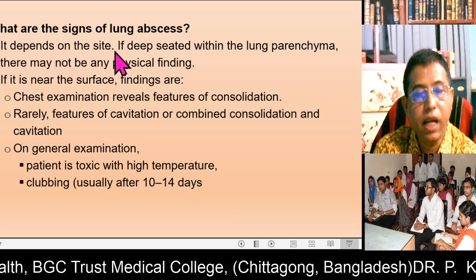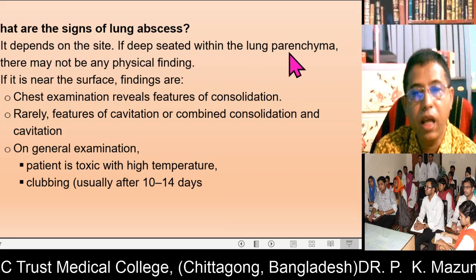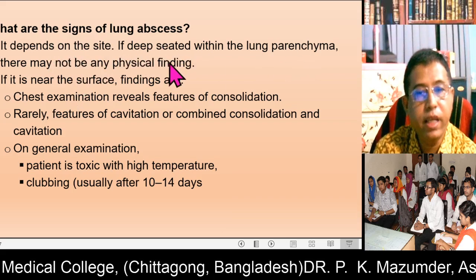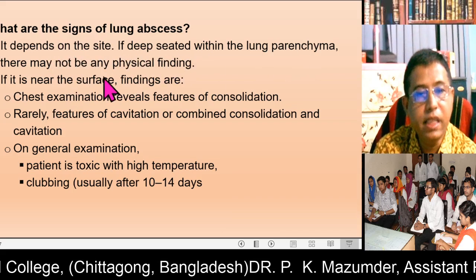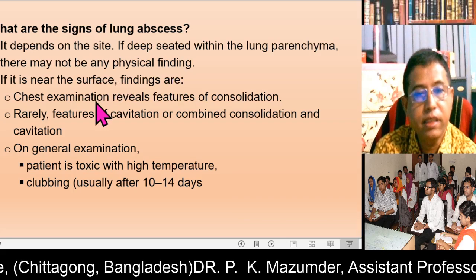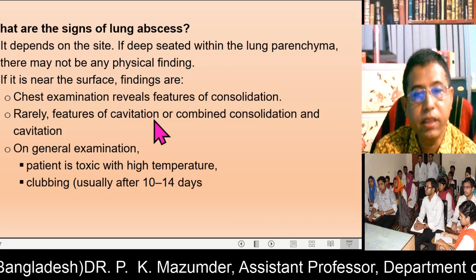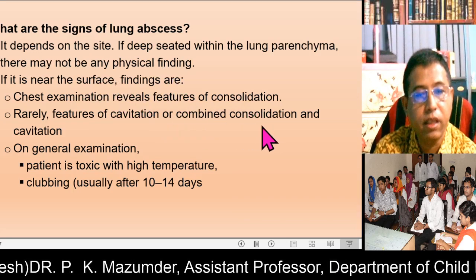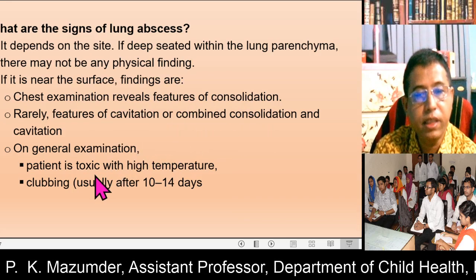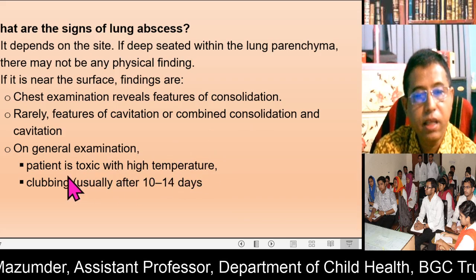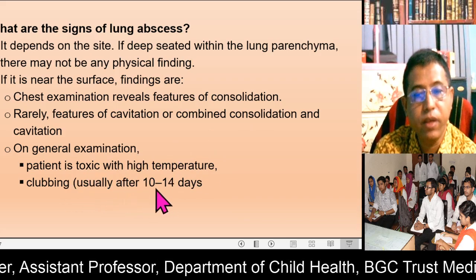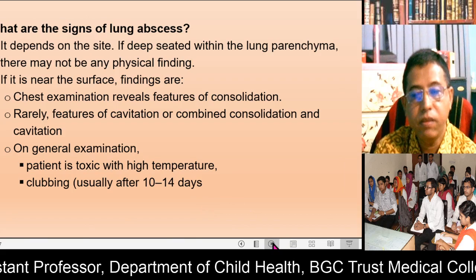It depends on the site. If deep seated within the lung parenchyma, there may not be any physical findings. If it is near the surface, chest examination reveals features of consolidation, rarely features of cavitation or combined consolidation and cavitation. On general examination, the patient is toxic with high temperature. Clubbing usually develops after 10 to 14 days of lung abscess.